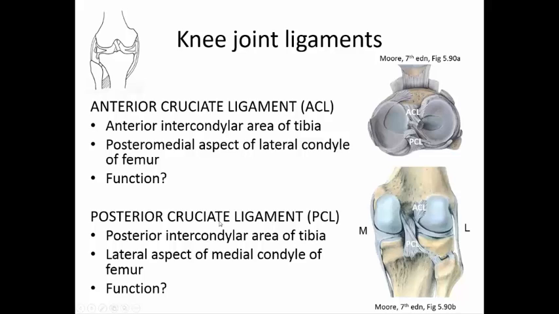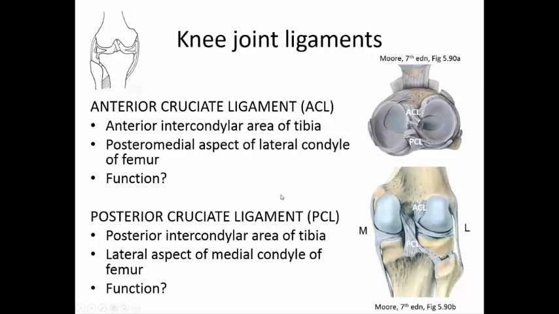The posterior cruciate ligament attaches to the posterior intercondylar area of the tibia and connects proximally to the lateral aspect of the medial condyle of the femur.